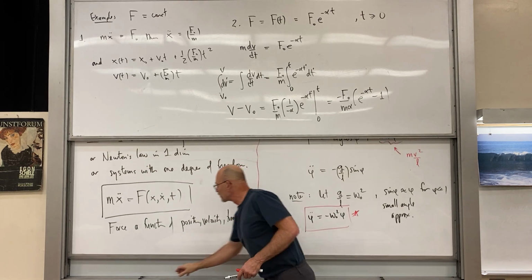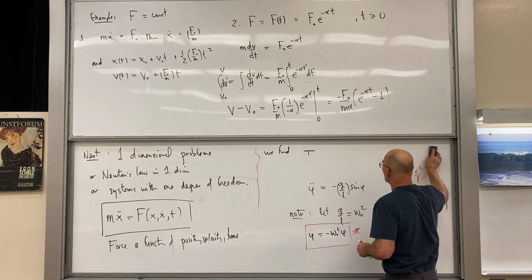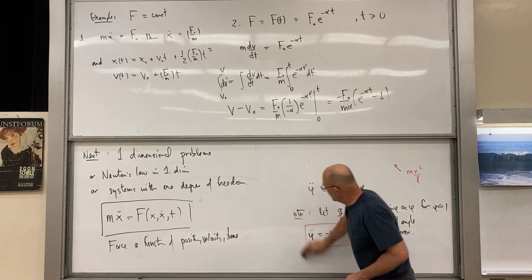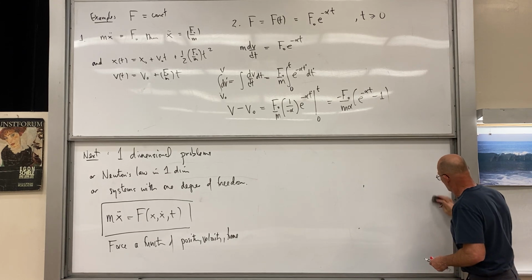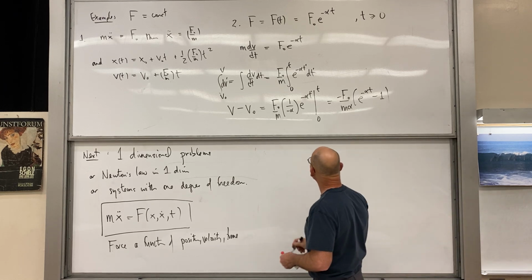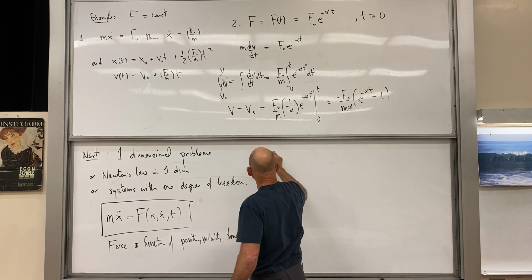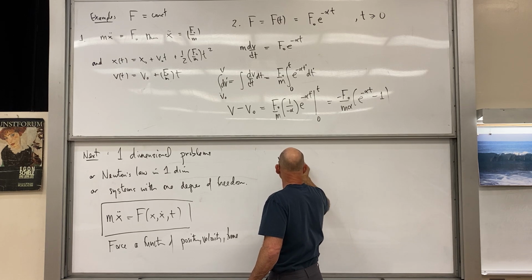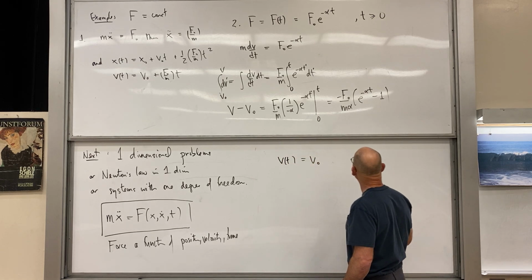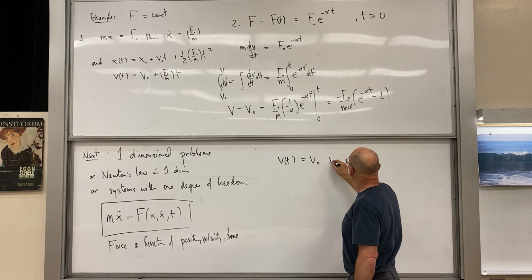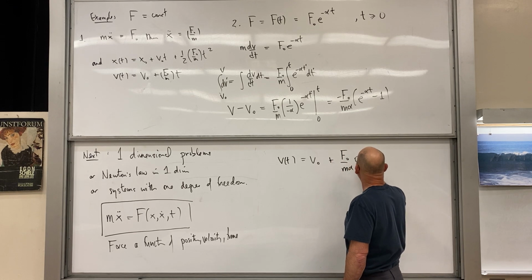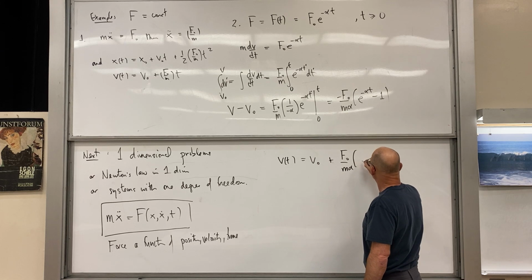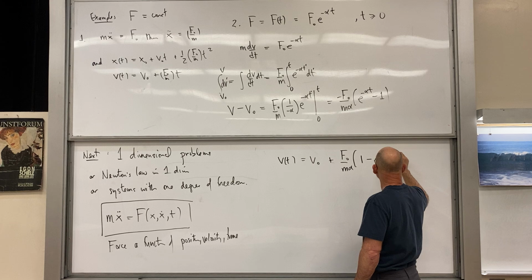So continuing directly underneath, you see we have v of t is equal to v0, and I'll just flip this around, plus F naught over m alpha times 1 minus e to the minus alpha t.